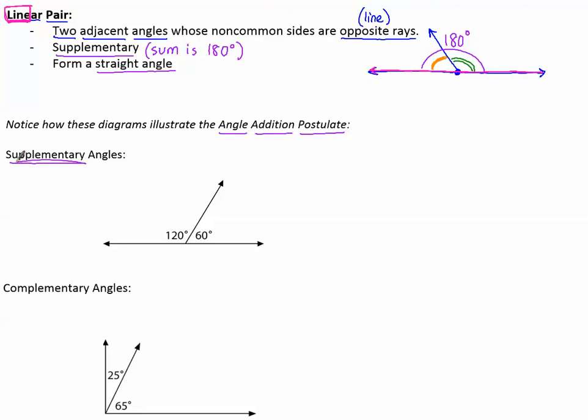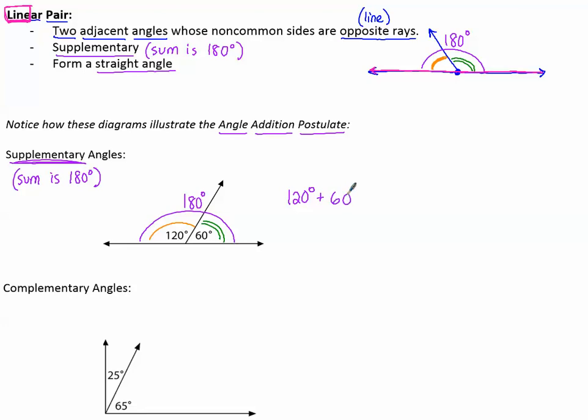Remember, supplementary angles, angles that sum to 180 degrees. Their sum is 180 degrees, so we see this obtuse angle and this acute angle next to it add together to make the 180 degree straight angle.